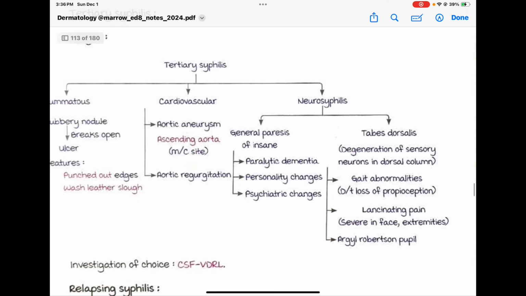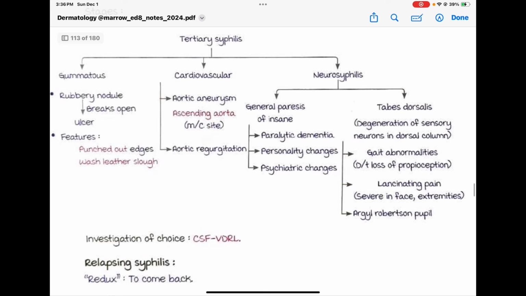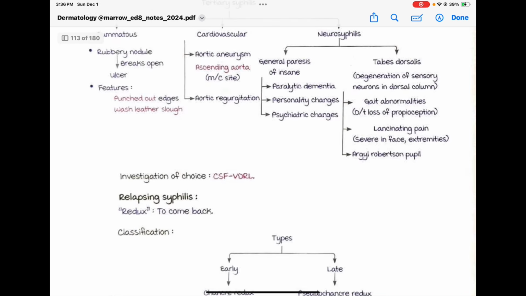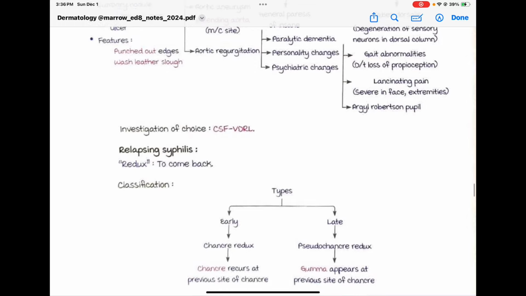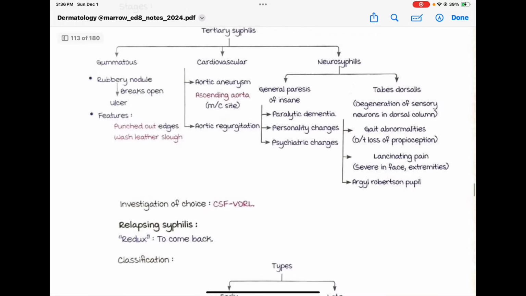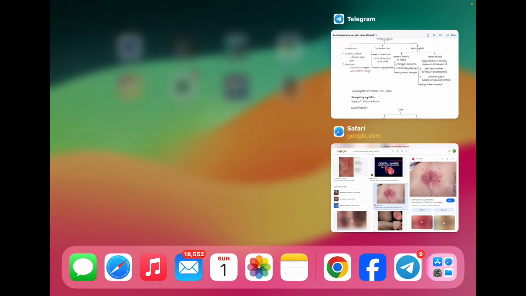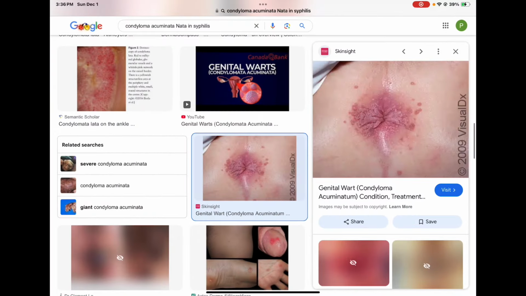It is stored in the fridge, and the dosage is 2.4 million units. Route is deep IM in the buttock. Duration: early syphilis 1 dose, late syphilis 3 doses, once weekly, so the patient keeps coming back. Sometimes they just give 1 dose if it's early syphilis.